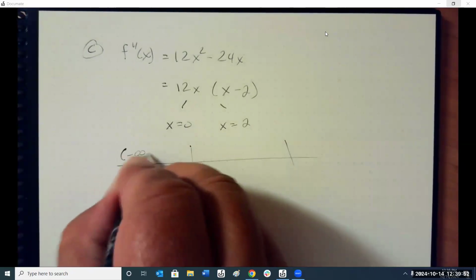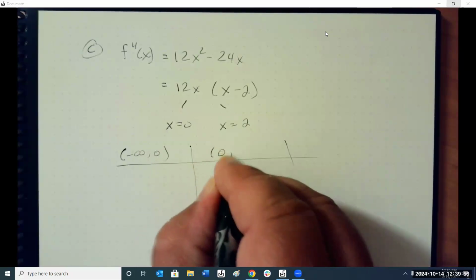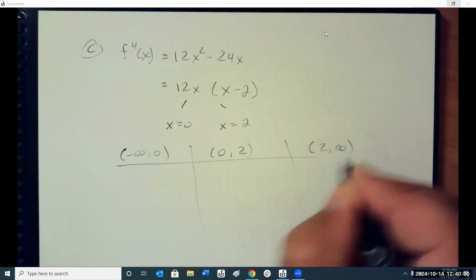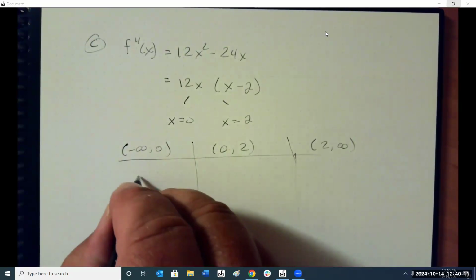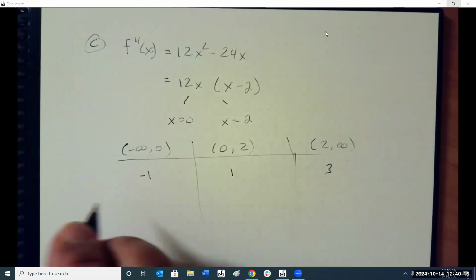From negative infinity to 0, 0 to 2, and 2 to infinity. So we have negative 1, 1, and 3.